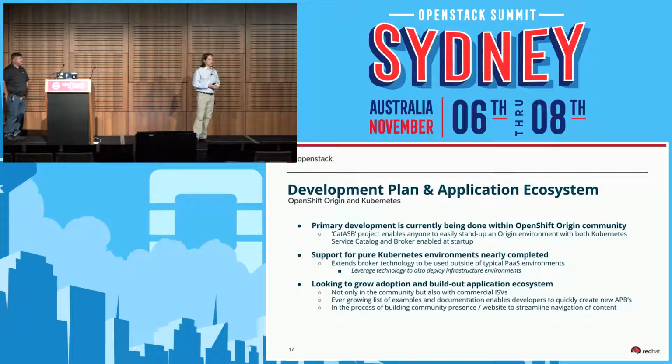And a lot of our customers, we're finding, want supported applications, right? So we want to have both. We want the community ones that are free, that any developer can check out and play with. But we also want the commercial ones. We want to be able to deploy real services that people can use in production environments. And we've already been working with a lot of ISVs. We have several applications already available today.